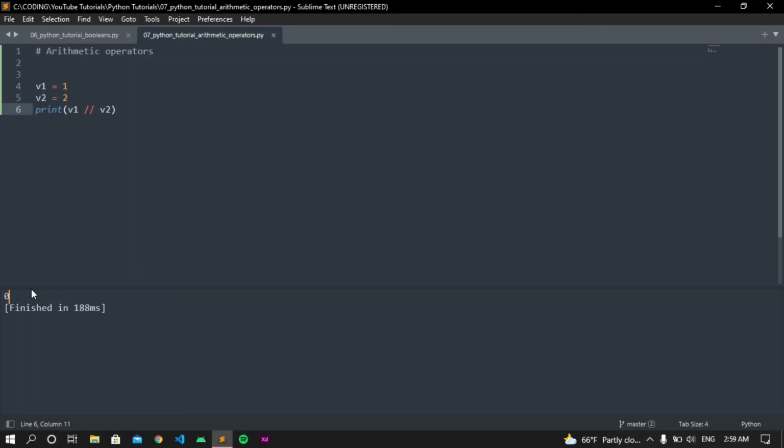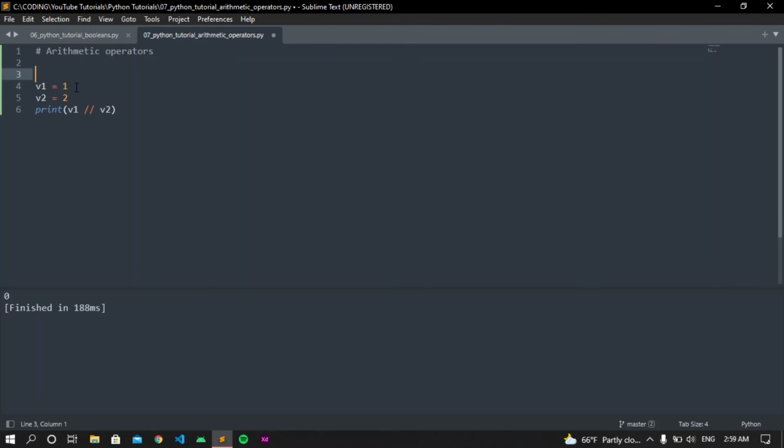The next operator is the modulus operator, which in Python is used to find the remainder when the first operand is divided by the second, and we refer to that with the percent symbol right here. It is used to get the remainder.